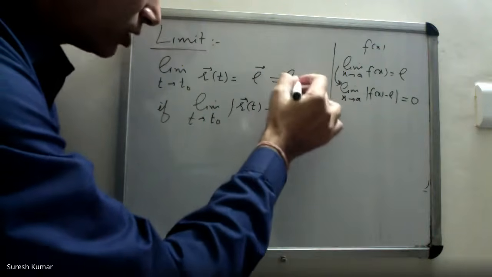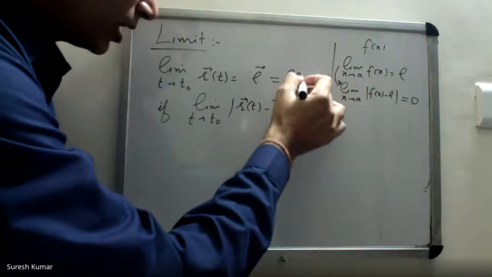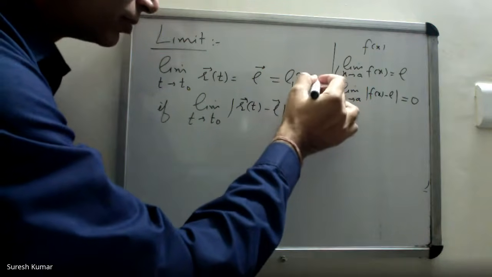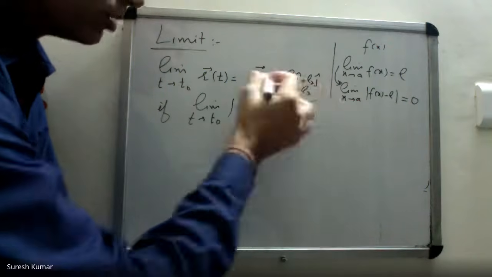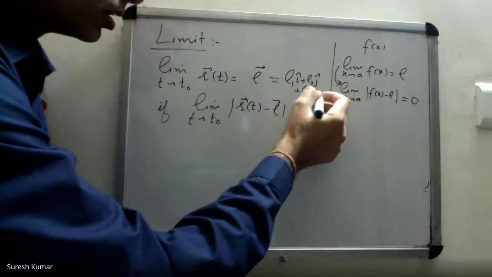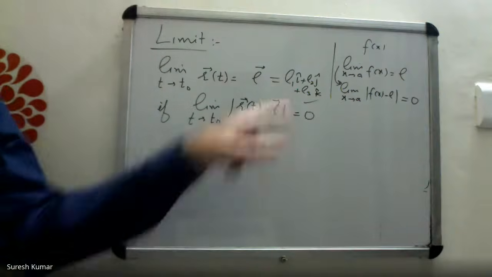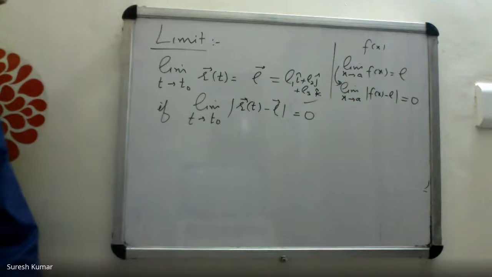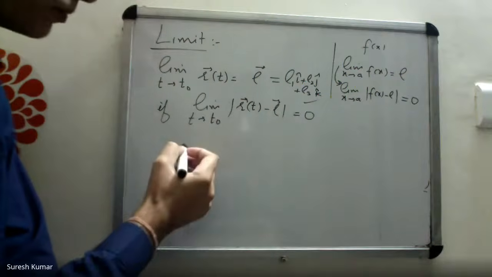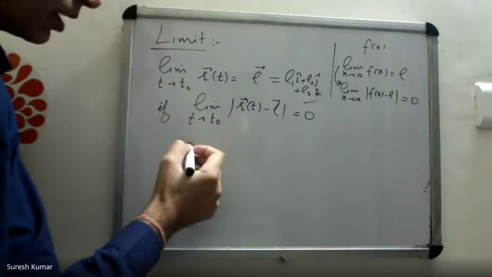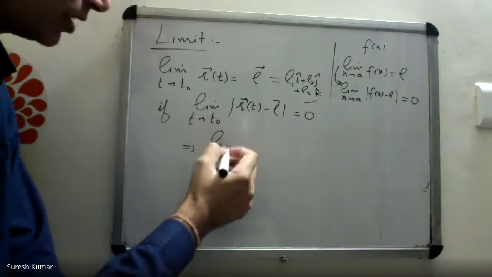Suppose components of L are L1, L2, L3. This is a constant vector, remember that, because it is the limit of r(t). Components of r(t) you already know: x(t), y(t), z(t).